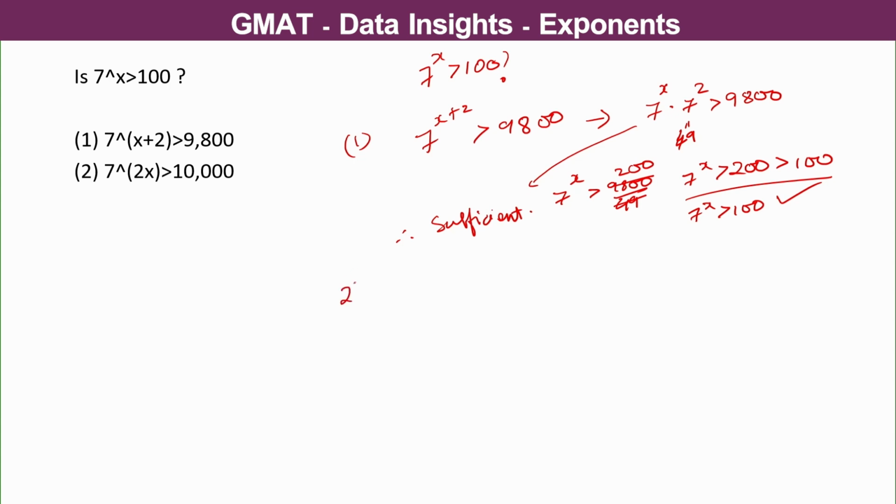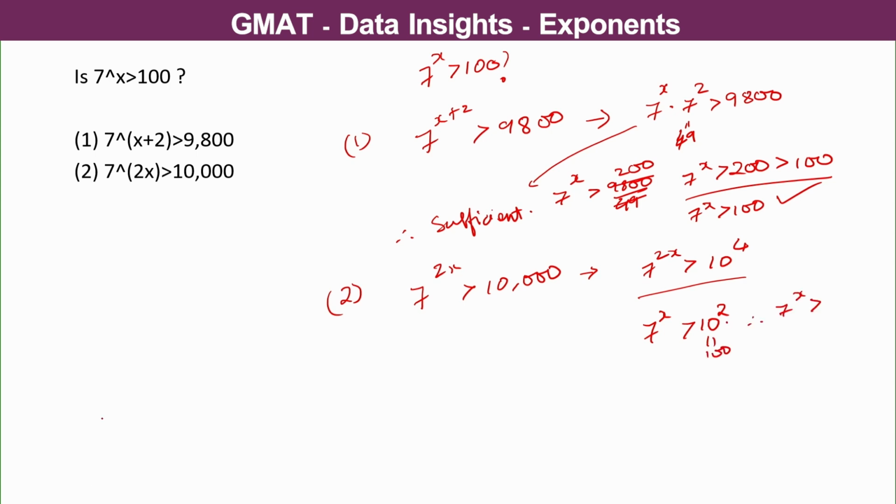When you look at the second statement here, you have 7 to the power of 2x is greater than 10,000. You have 4 zeros. So, this means that 7 to the power of 2x is greater than 10 to the power of 4. By taking the square root on both sides, you will have 7 to the power of x is greater than 10 to the power of 2, that is nothing but 100.